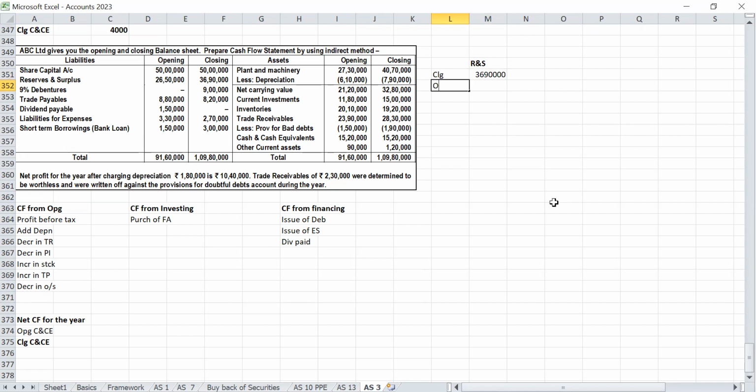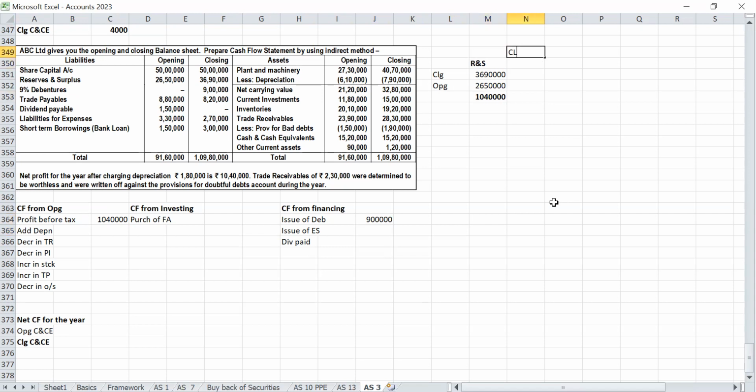So the difference is profit for the year, 10 lakh 40,000. Then 9% debentures, opening nil, closing 9 lakhs, so they have issued debentures of 9 lakhs, plus.